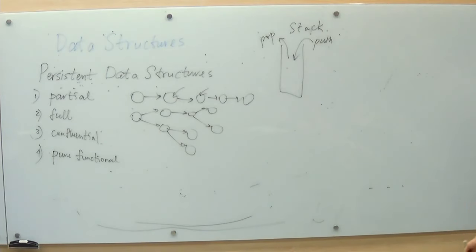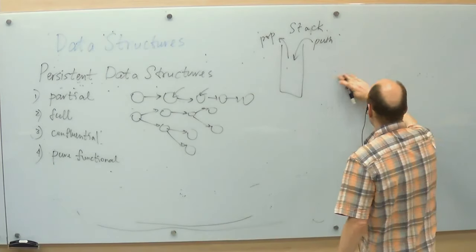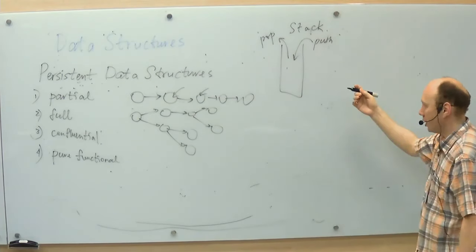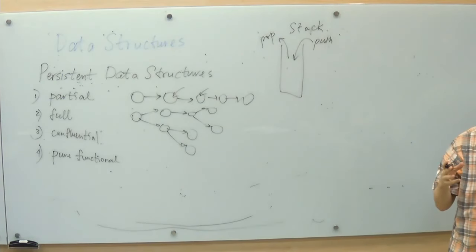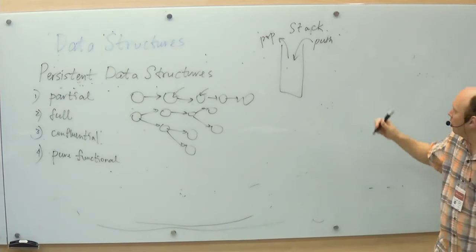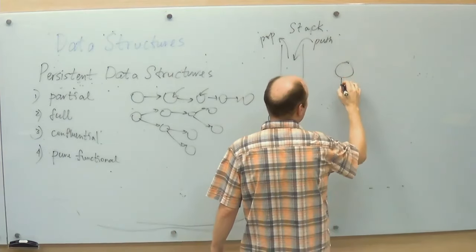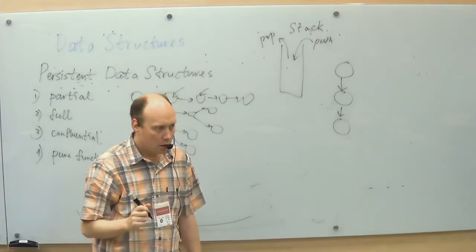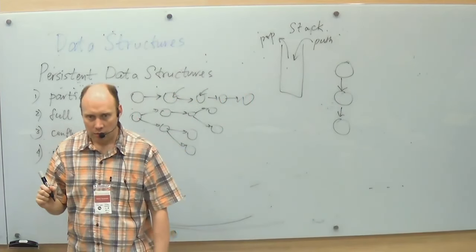So what is a persistent stack push operation? Let's keep the stack as a one-directional linked list. For each vertex, we store a pointer to the next one, which is under it in the stack.